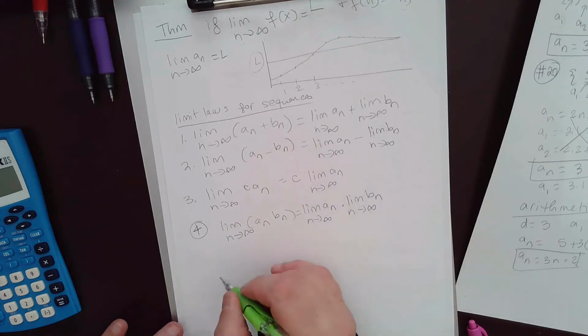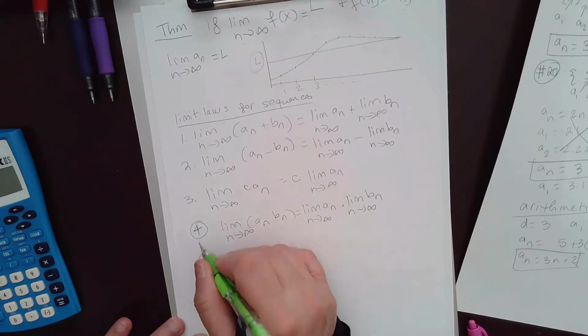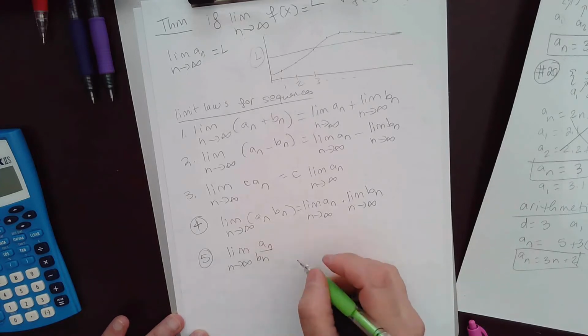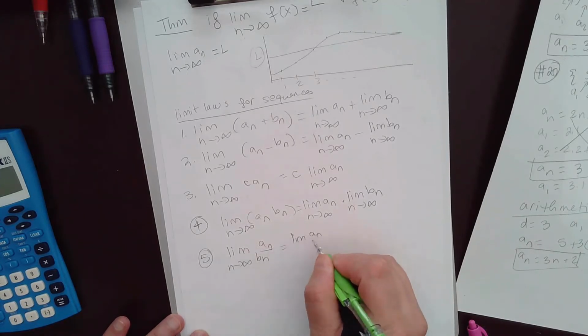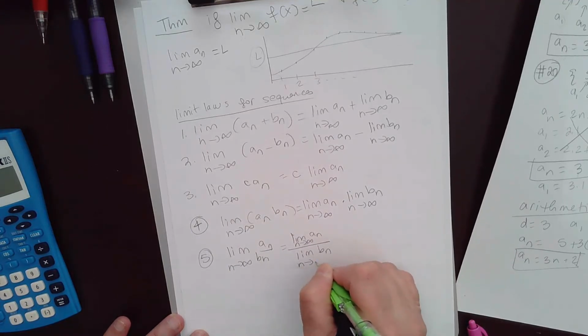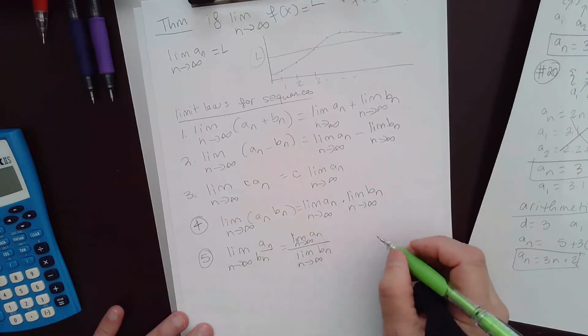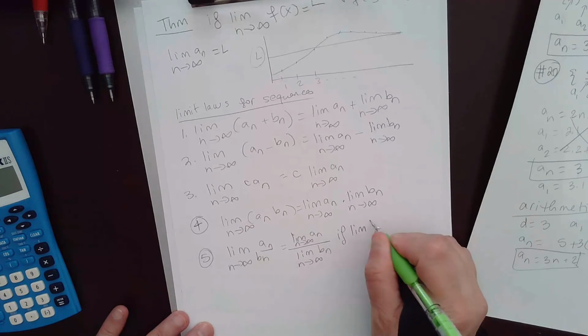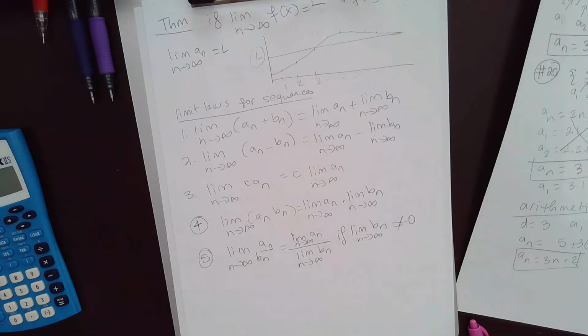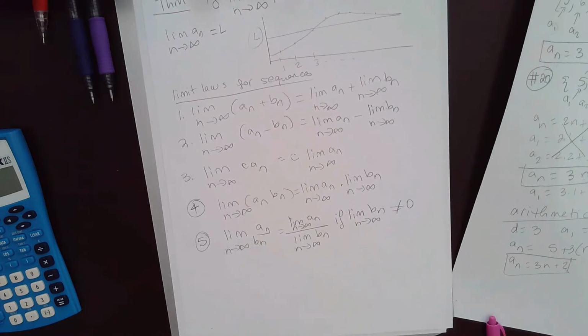And the quotient law: the limit of a_n over b_n as n approaches infinity is the same as the limit of a_n divided by the limit of b_n, provided that the limit of b_n as n approaches infinity is not 0. So you've seen something similar to that here.